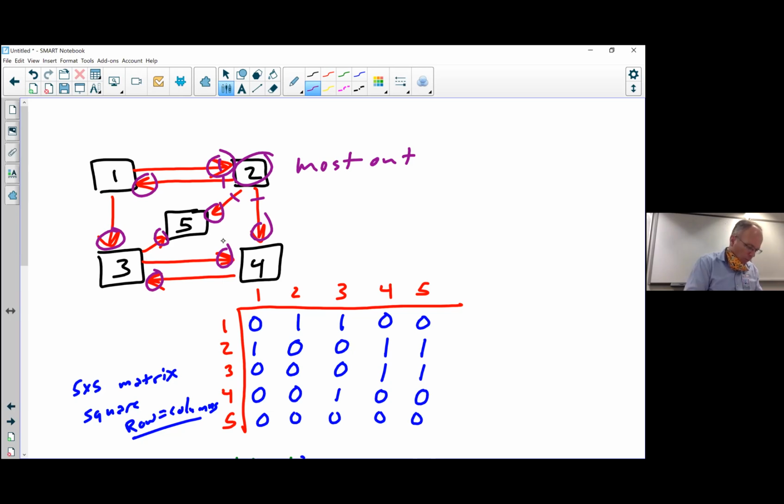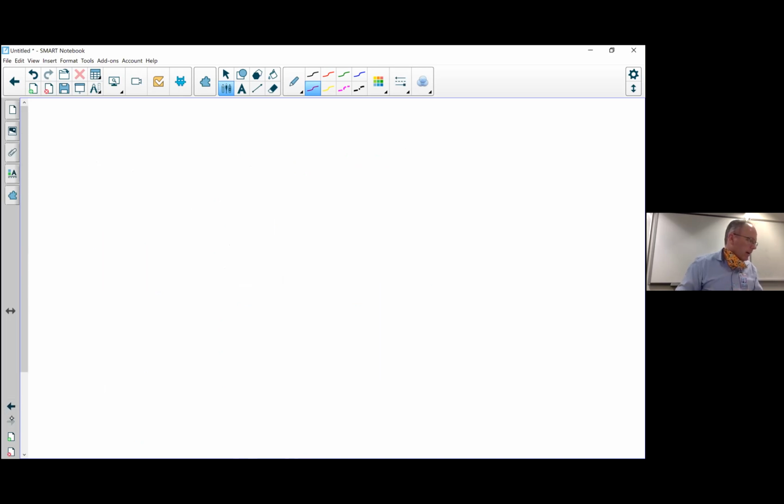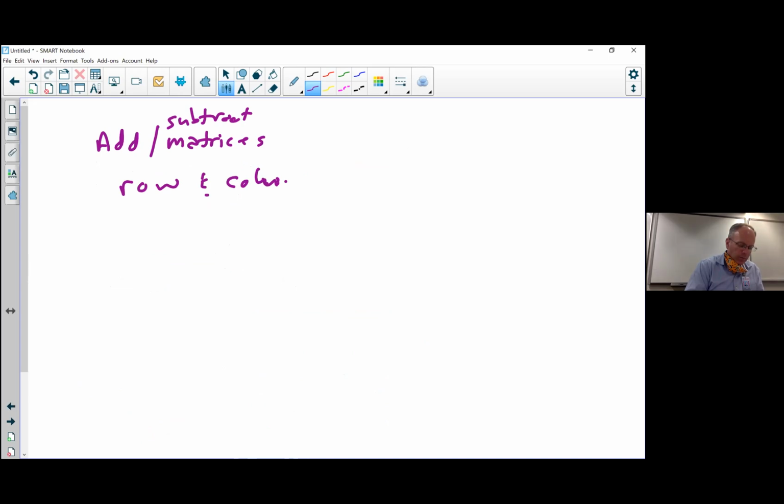Okay, so let's say when we add or subtract matrices, the rows and columns must match.